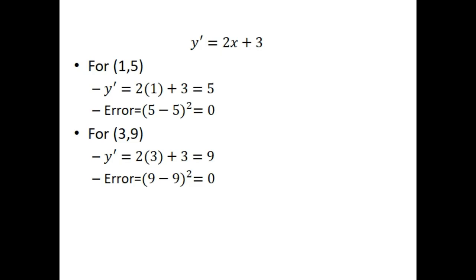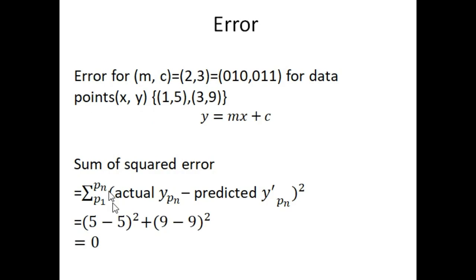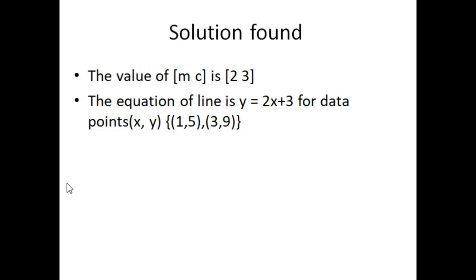So the sum of squared error is also 0 for m and c, which is equal to 2, 3. So I found the solution to fit the line between these two data points.